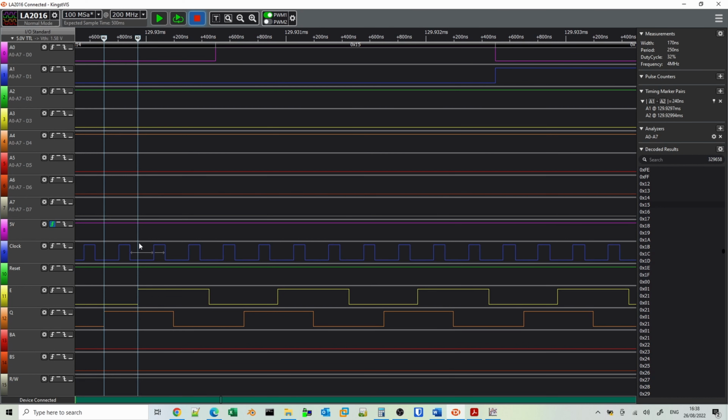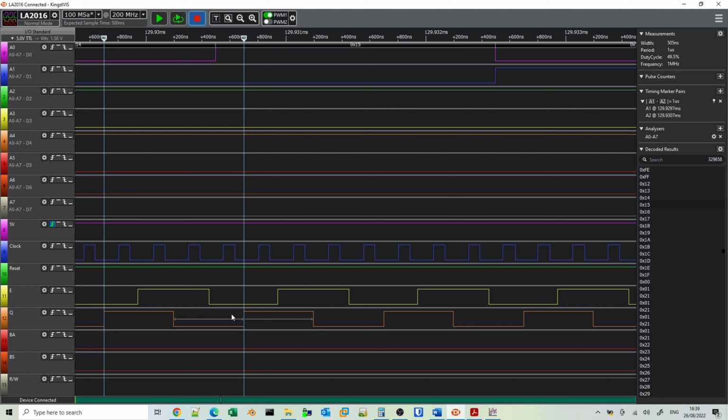So this gap here is 240 nanoseconds. If we see how long each individual, so half a cycle there is about 495 nanoseconds, and the full cycle here is about 1 microsecond.